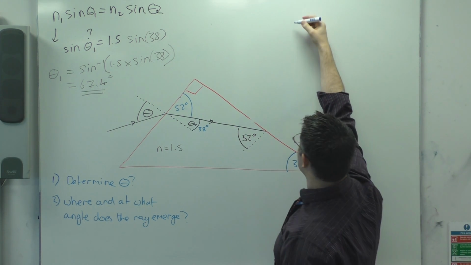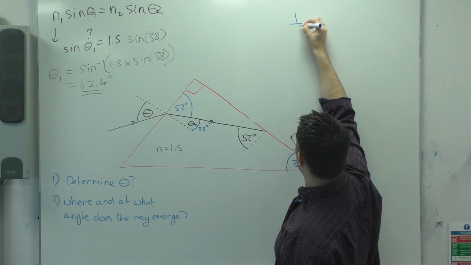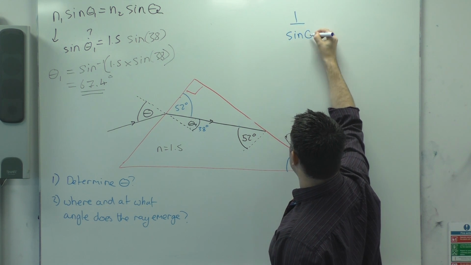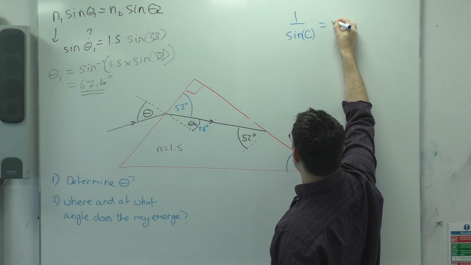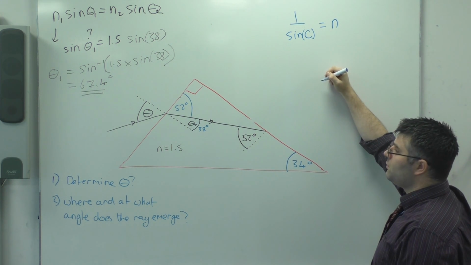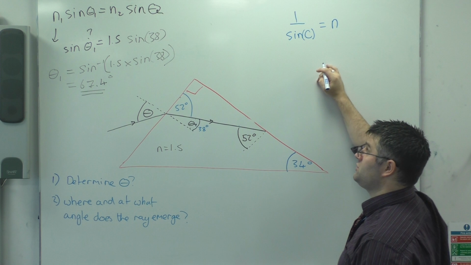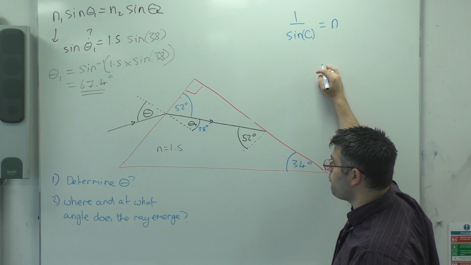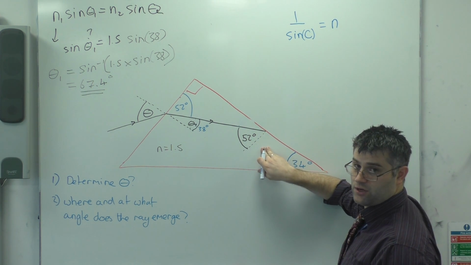Now, the equation for that will be 1 over sine C is equal to n. Where n, you'll remember from the explanation of where this equation comes from, is n1. That's the material that it's coming from.